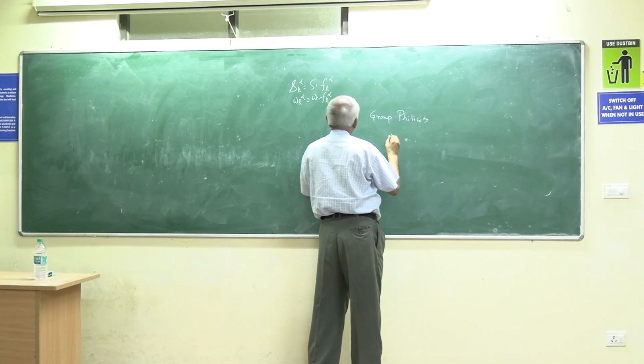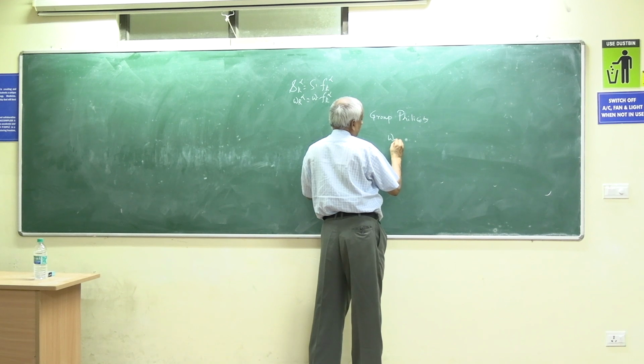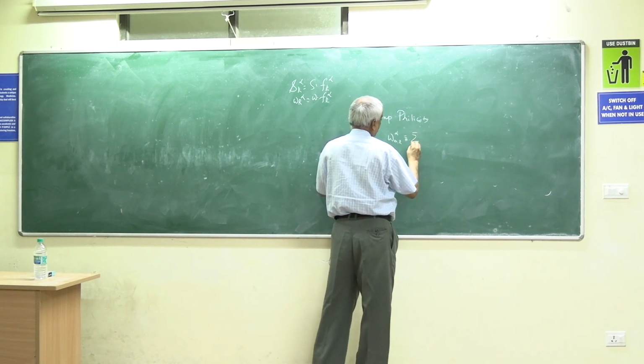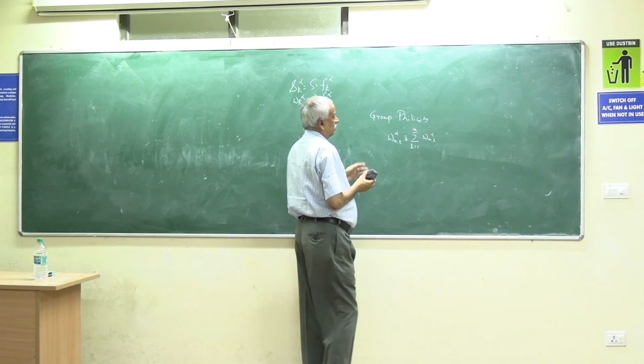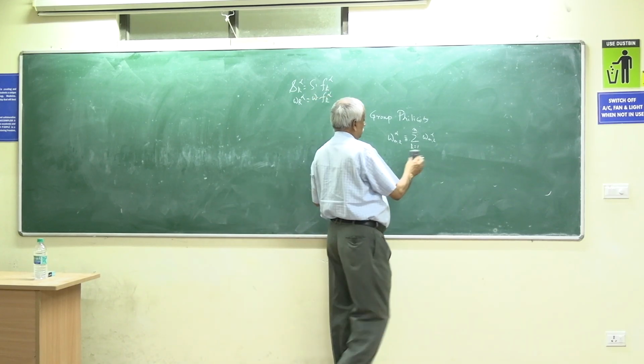Say if I call omega m k alpha, this is the sum over k equal to 1 to m of omega k alpha.